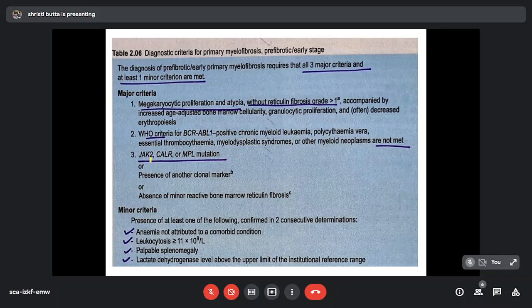Mutations associated with either JAK2V617F, CALR, or MPL. So it is all the three major criteria and at least one minor criterion. It is very important that you have all the three major with at least one minor. What are the minor criteria? Anemia, leukocytosis, palpable splenomegaly, and a lactate dehydrogenase level which is above the normal limit for the institutional reference range.